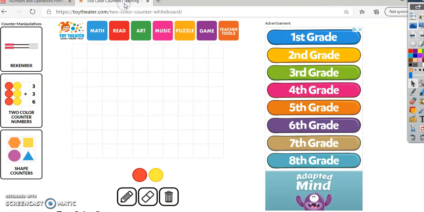Negative 2 minus 5. Okay, so by yourself, with your virtual manipulatives, show me where to start. What color, how many?